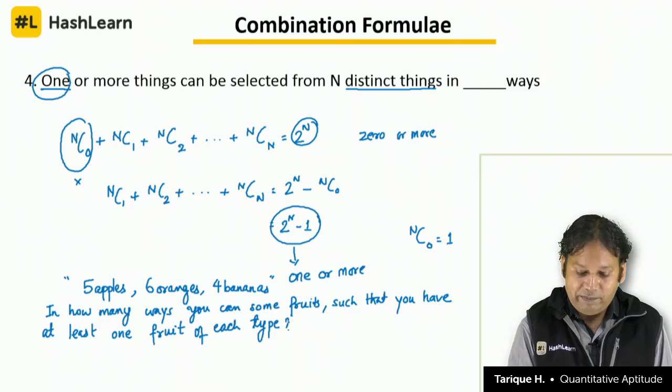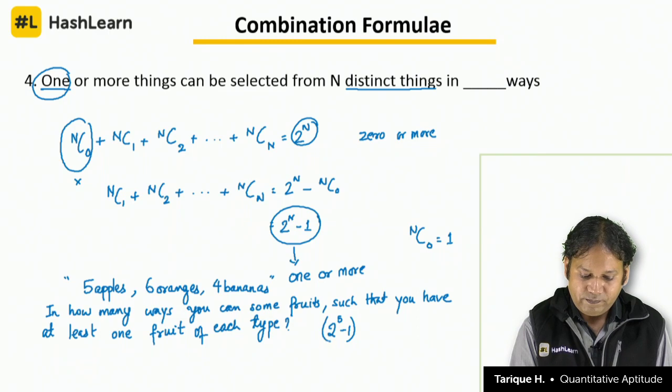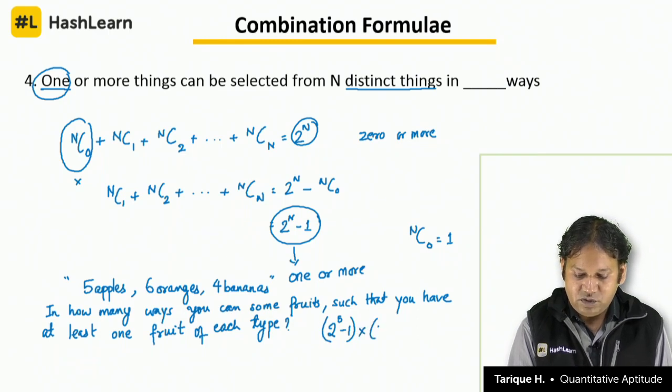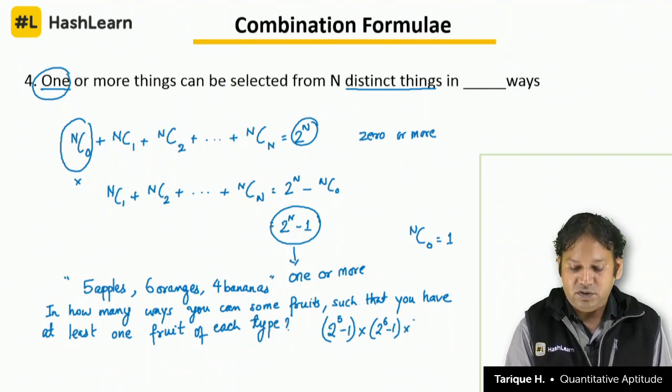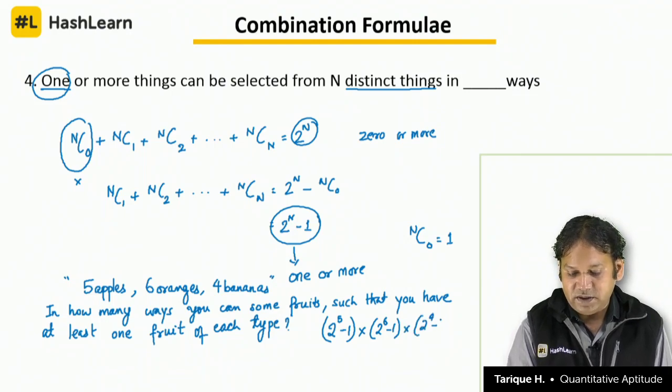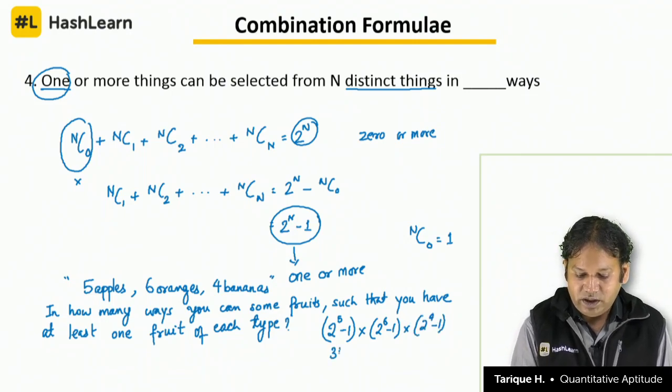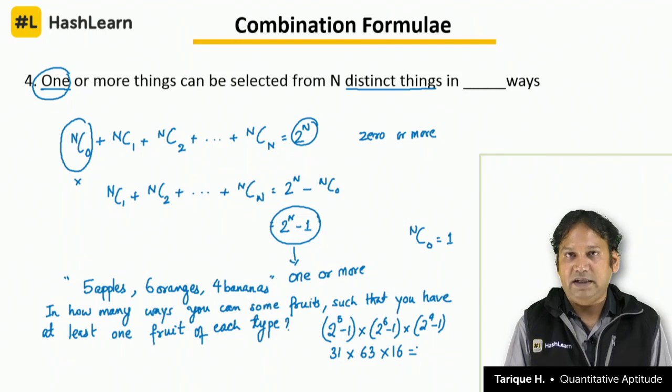So, one or more apples we can select in 2 power 5 minus 1 ways, one or more oranges in 2 power 6 minus 1 ways, one or more bananas in 2 power 4 minus 1 ways. That is equal to 31 into 63 into 16, and then you can solve this and that will be your final answer. Okay.